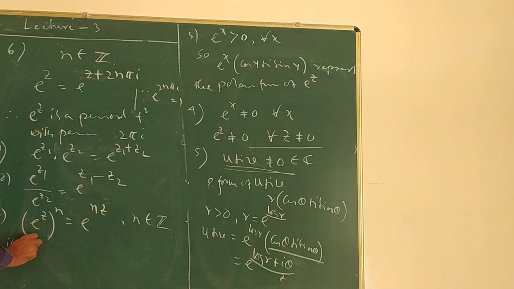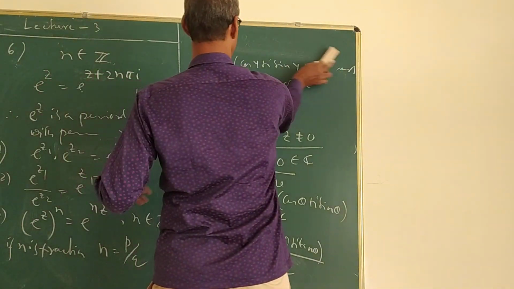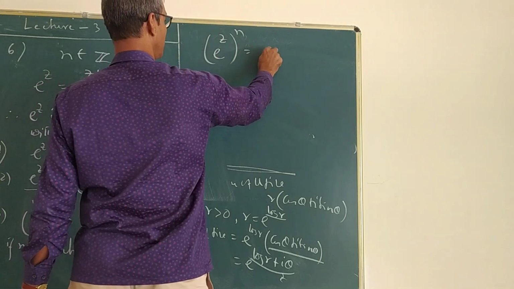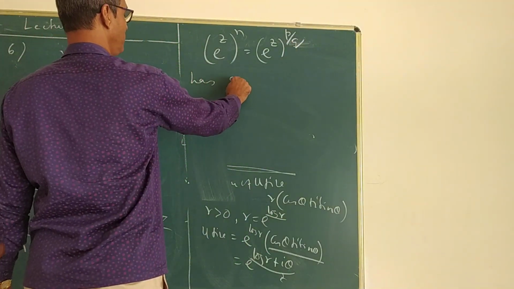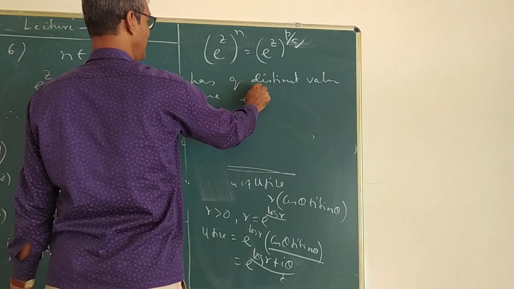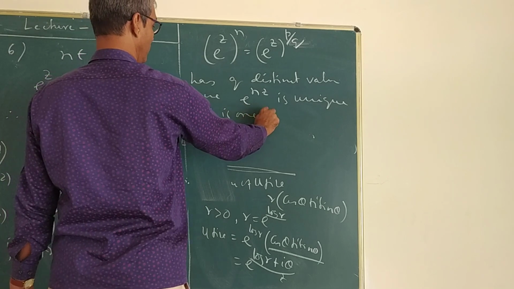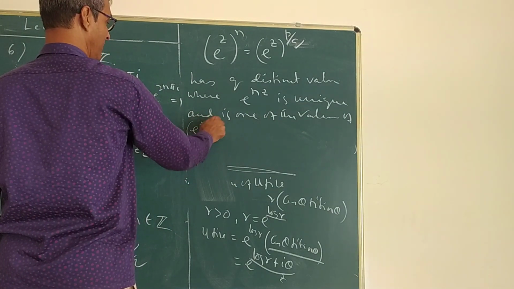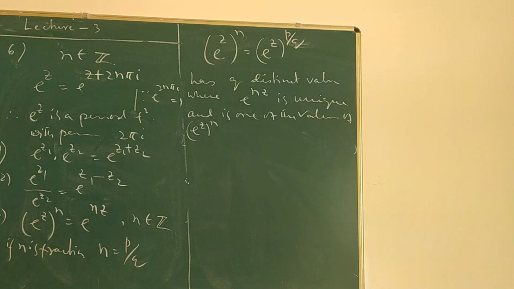Now if n is a fraction, say n equals p by q, then (e to the power z) to the power n has q distinct values, where e to the power nz is unique and is one of the values of (e to the power z) to the power n. So these are some basic properties of the exponential function of a complex number.